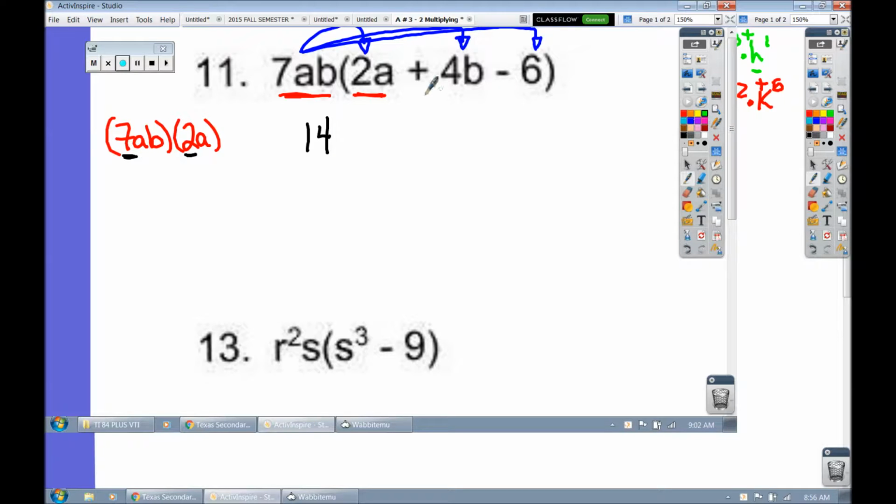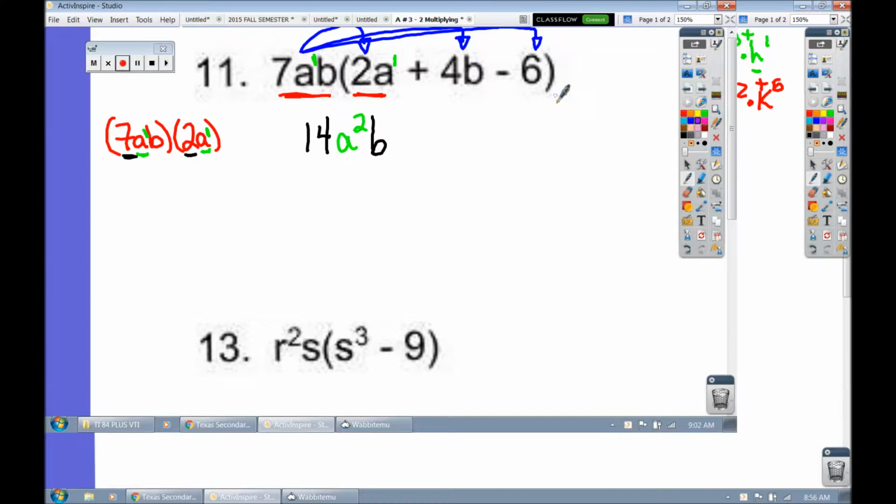Now let's look at the a's. A to the 1st times a to the 1st, that's a to the 2nd. And we had a problem previously that if you only have the letter, you just simply put that letter in the problem if you don't have anything to multiply with. So we're done with this first distribution.